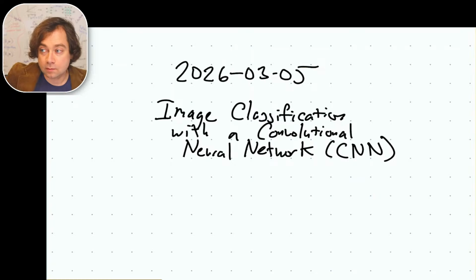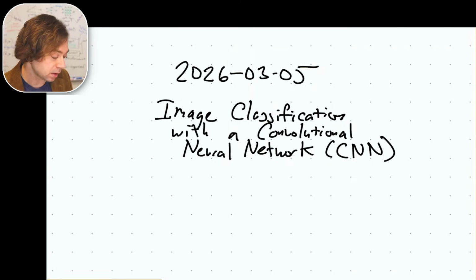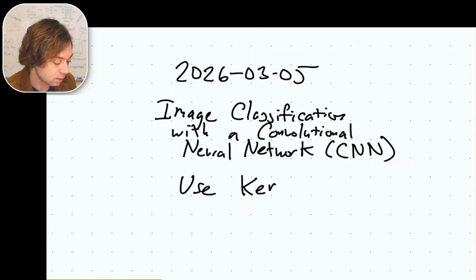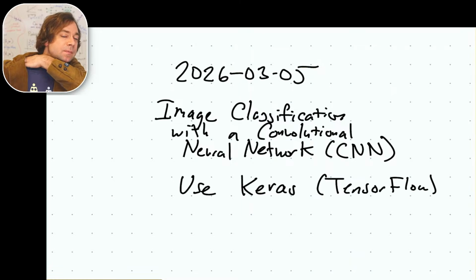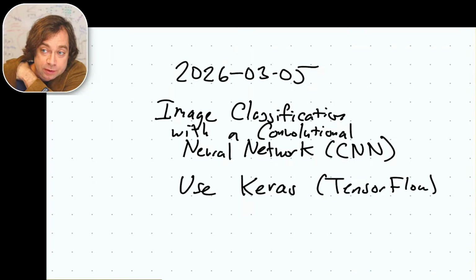And we're going to go through an example. This is an example that's been modified off of Keras's examples, but we're going to be using Keras. We're going to use Keras, which is an API for TensorFlow, as you'll recall from when we did the example with the regression.